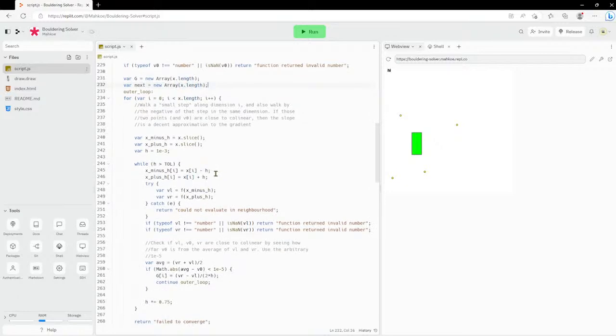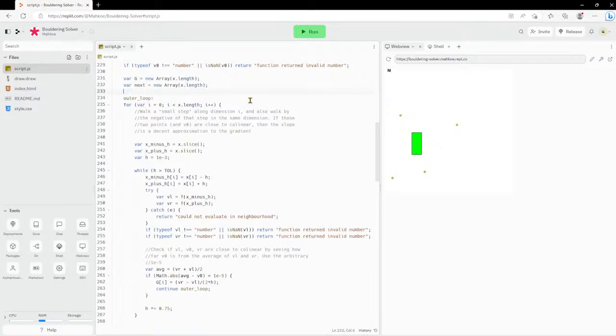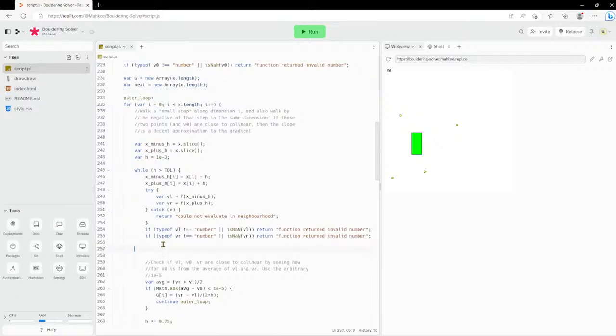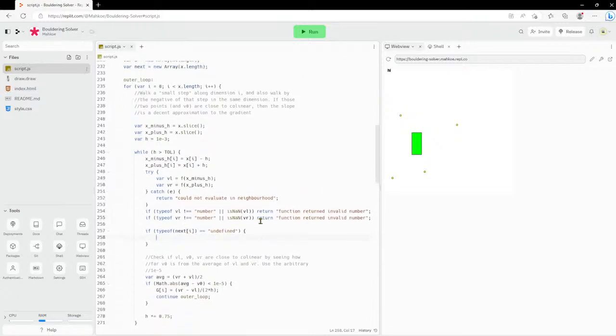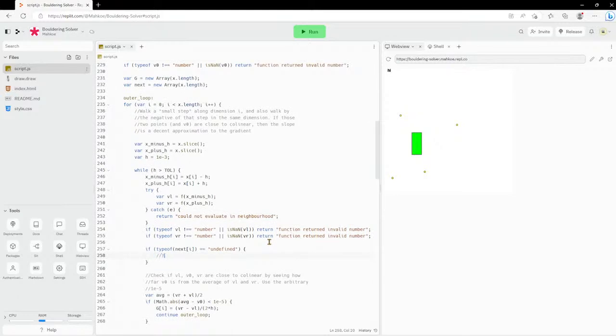Right, and so now here what I'm going to do, if type of next of I is equal to undefined, try using VL and VR to fit a quadratic and find the minimum of that quadratic.